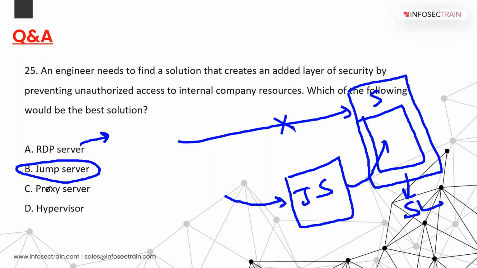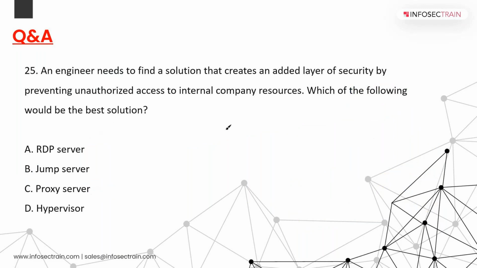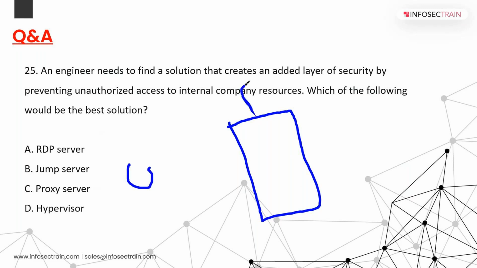Proxy server, absolutely not. In layman's language, the job of a proxy server is to forward your traffic on your behalf. Let's say the user makes a request to the proxy, and the proxy picks up your request and forwards it to facebook.com, or any other website.